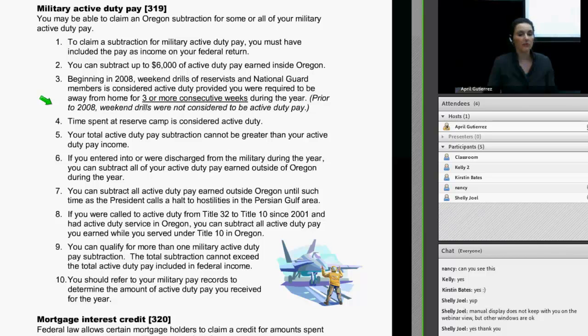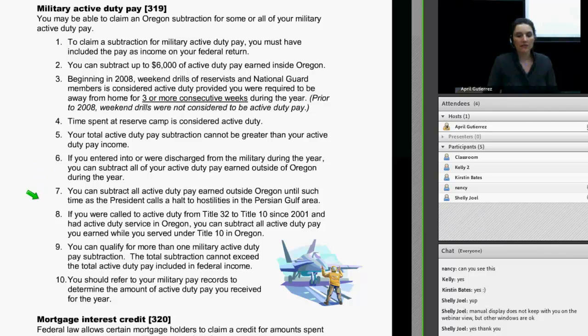Now, if you have a reservist or a National Guard member who was away from home for 3 or more consecutive weeks, then you don't need to figure out how much was active duty. It all gets treated as active duty. So, to repeat it, time spent at reserve camp is considered active duty. That's the 2-week stint. Your total active duty pay subtraction cannot be greater than your active duty pay income.